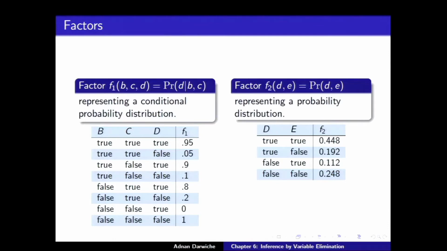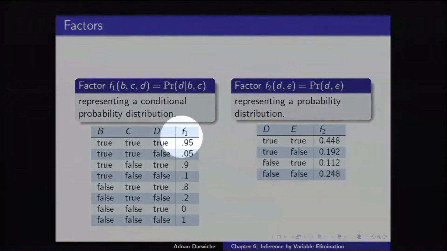To state this observation, which is really the key insight behind variable elimination, we now need to sharpen our notation. So we need the notion of a factor, and then, as you'll see, a couple of operations on factors, and then we will formally state what's going to happen with variable elimination.